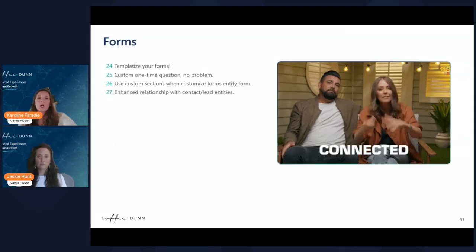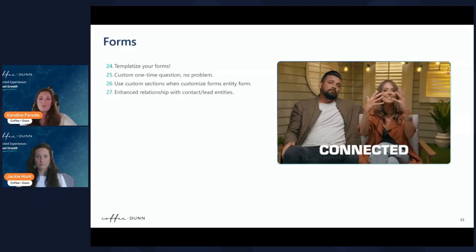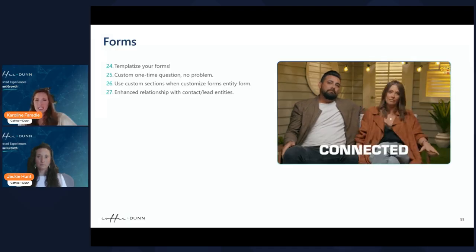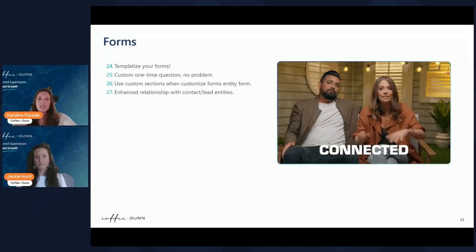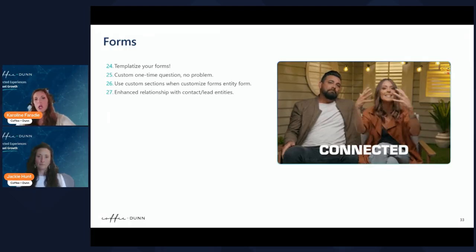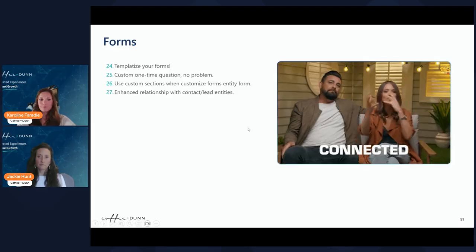But if you have any Power Automate flows or other automation that are connected to your form submissions, it makes it easier to traverse to those entities. You used to have to go, I would say, multiple hops to get to the contact and lead and find them. And now, since there is that direct relationship tied to the form submission table, it makes it a lot easier for you to do that.